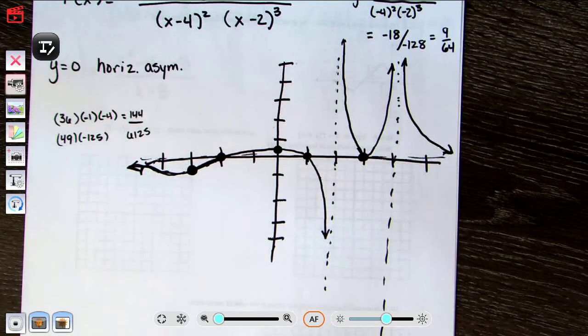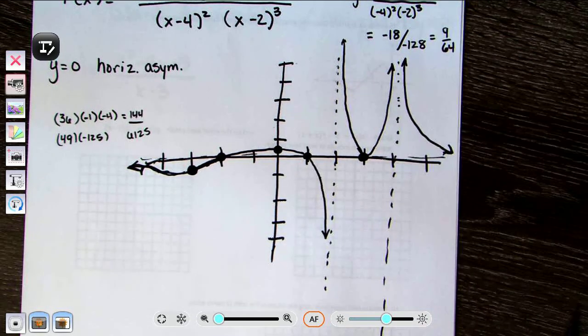And if I wanted to be more detailed, of course, we could put in a ton more dots. So put in a lot more test points into all of these areas. I'm just trying to save a little bit of time on these videos because it doesn't take a lot of thought to put in another point or so. So I could have substituted 4 in here, 5 in here.